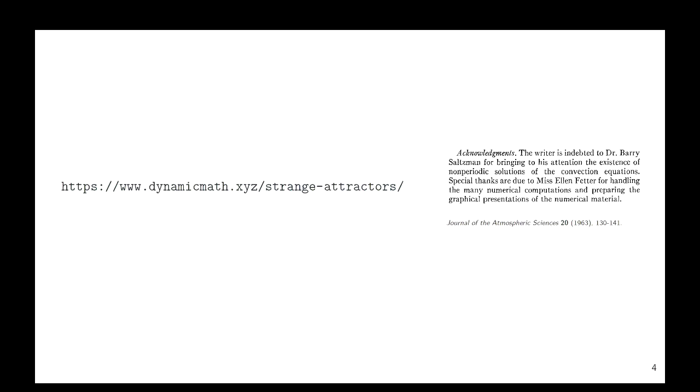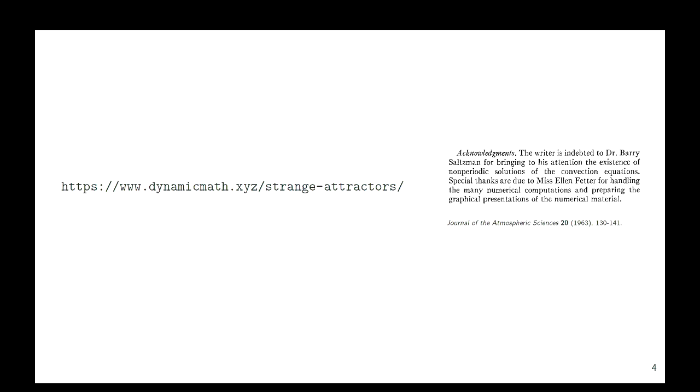Well, first of all, I alluded to the fact that I said several times that Lorenz did this, Lorenz did this, Lorenz did this. If you read the paper, there's a brief acknowledgement at the end of the paper. And if you read the acknowledgement, there's a couple of things that strike you about it. First of all, the interesting bits, he's acknowledging someone else. Second of all, the hard work.